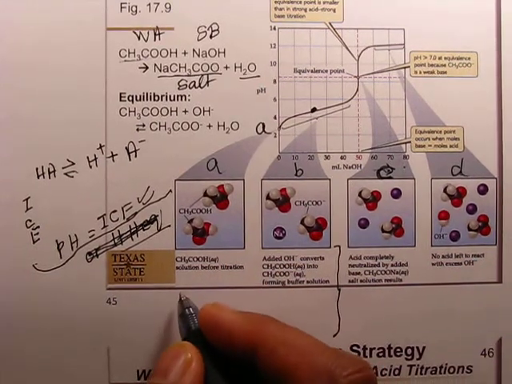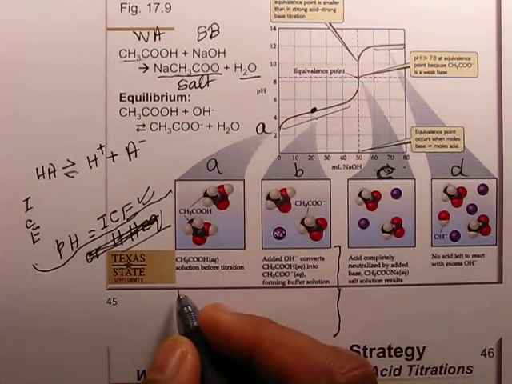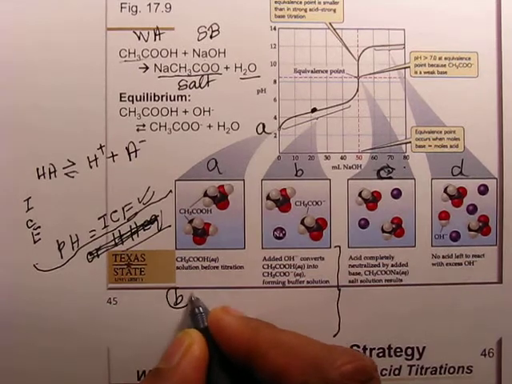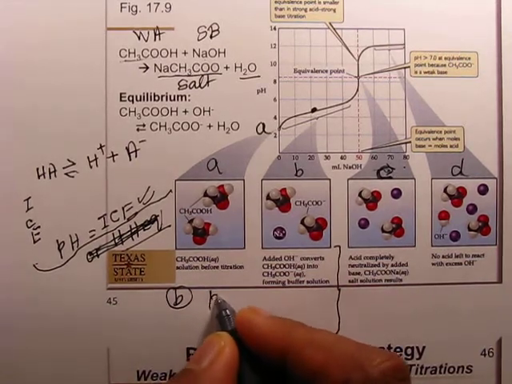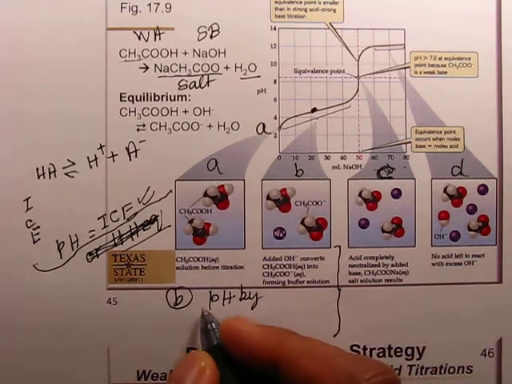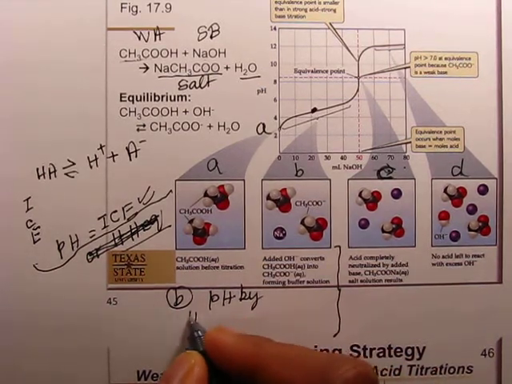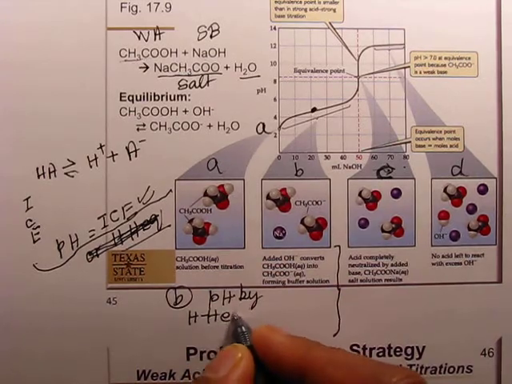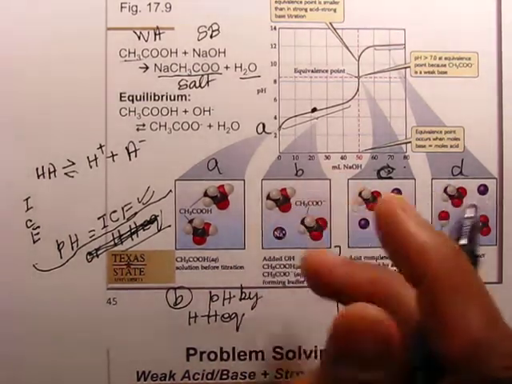So at the B condition, we are going to use the Henderson-Hasselbalch equation to find the pH, because this is a buffer region, right?